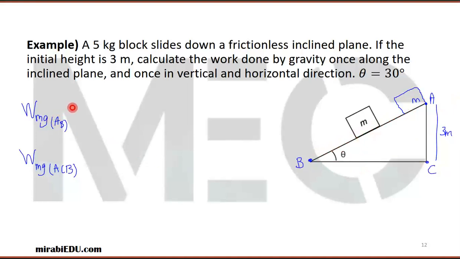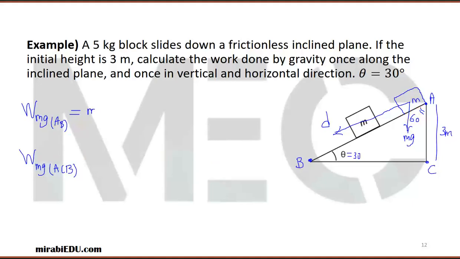Okay, we can apply the work formula here. The angle is given to be 30, and therefore this angle will be 60. So the gravitational force has an angle of 60 with the direction of displacement here. This angle is the same as this angle, which is 60.